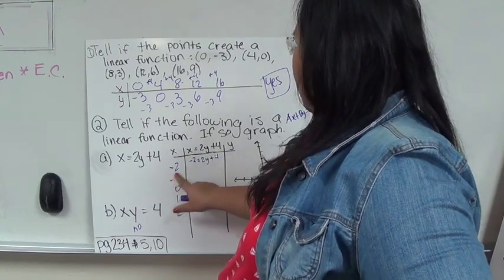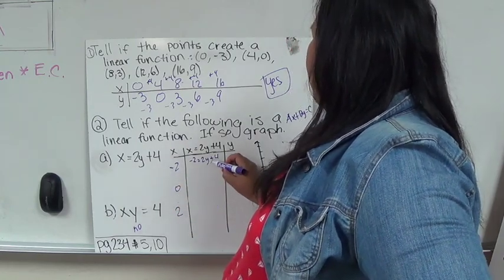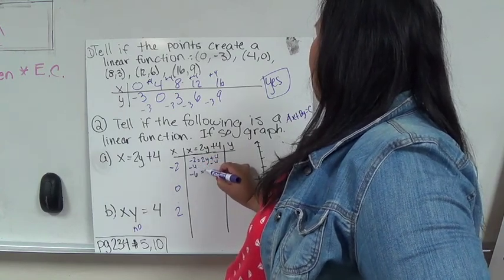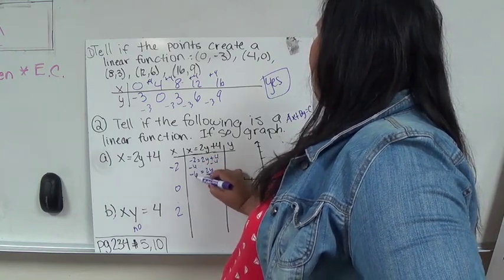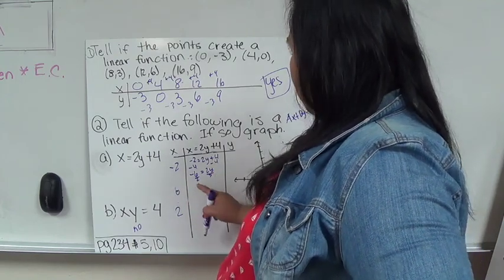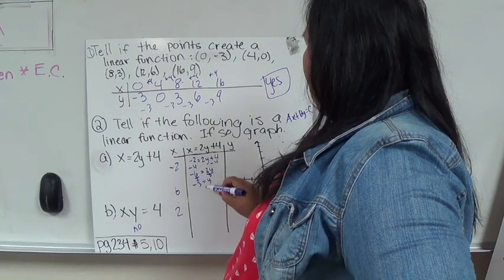Let's just do 3 points right now, because there's a lot of math involved. I put in -2: -2 equals 2y plus 4. I subtract 4 from both sides, which gives me -6 equals 2y. Then I divide by 2, which gives me -3 equals y.